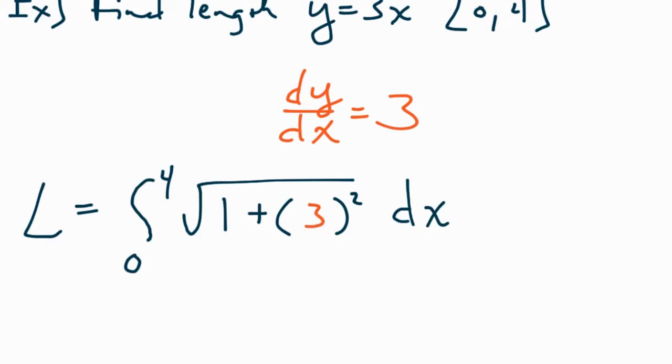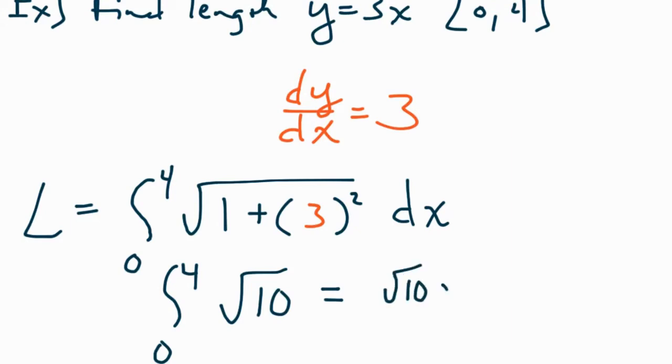Now, it would make sense to simplify this because you can. So we actually end up with the square root of 10. Now, you could plug this into fnInt, but this is a good problem to think about doing by hand because the integral or the antiderivative of the square root of 10, of course, would be the square root of 10 with an x beside it from 0 to 4.